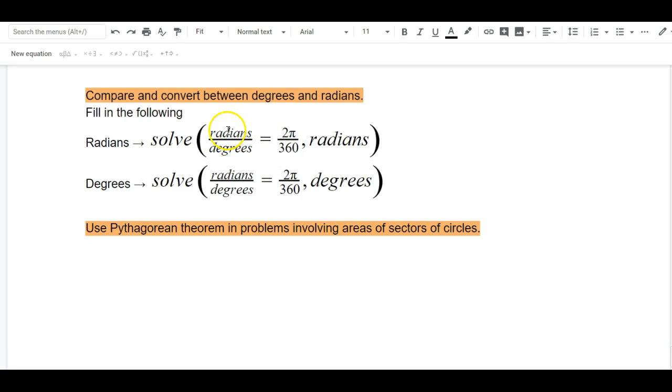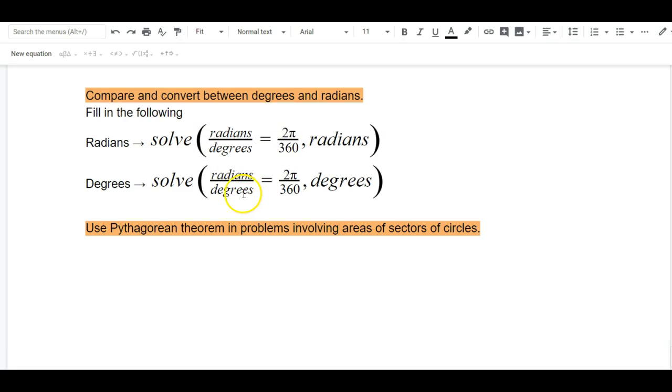So I would know that my radians over 2 pi have to equal my degrees over 360. If I wanted to solve for my radians, I'd put x here, theta or something, and then my degrees I'd put down here. So if it's 90 degrees, I would put 90 down here and x up here, and then I could solve, either using a solve command or multiplying by the degrees to get it over there.